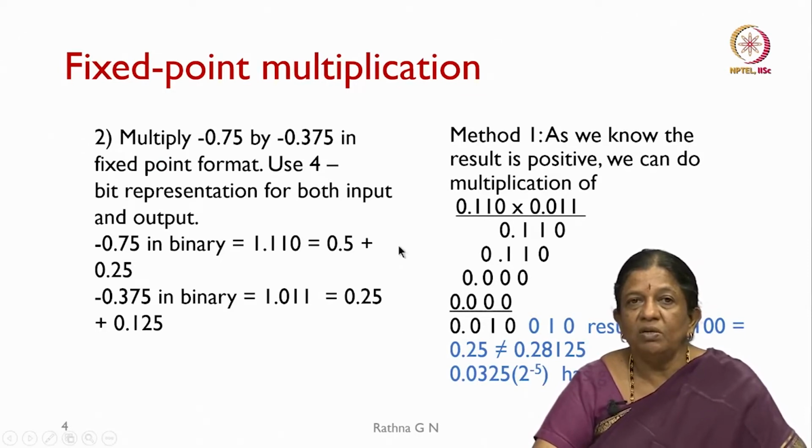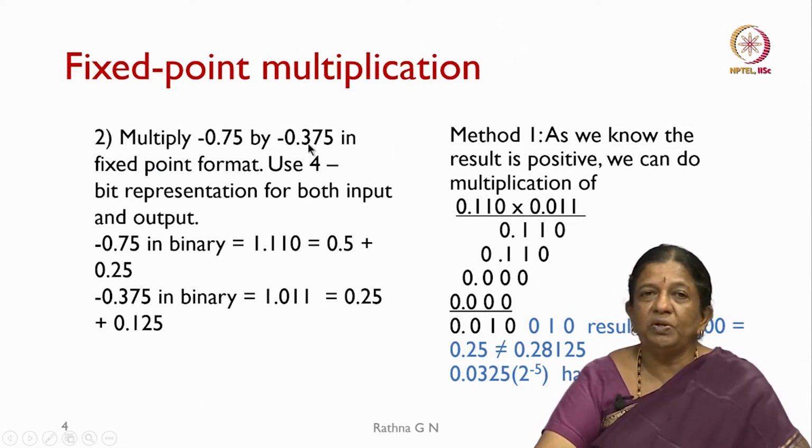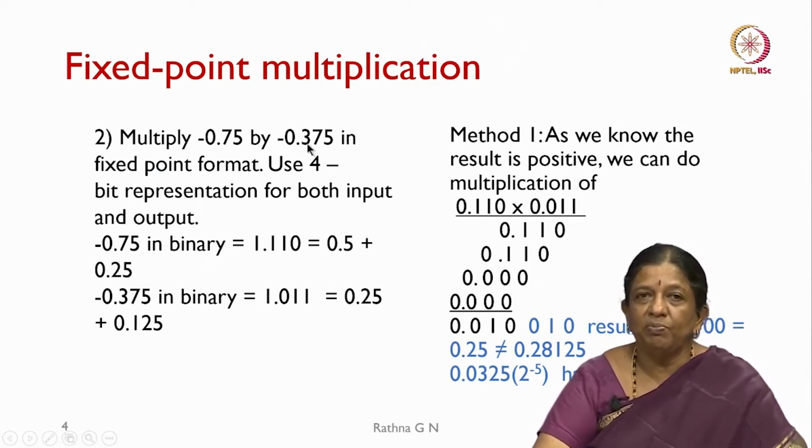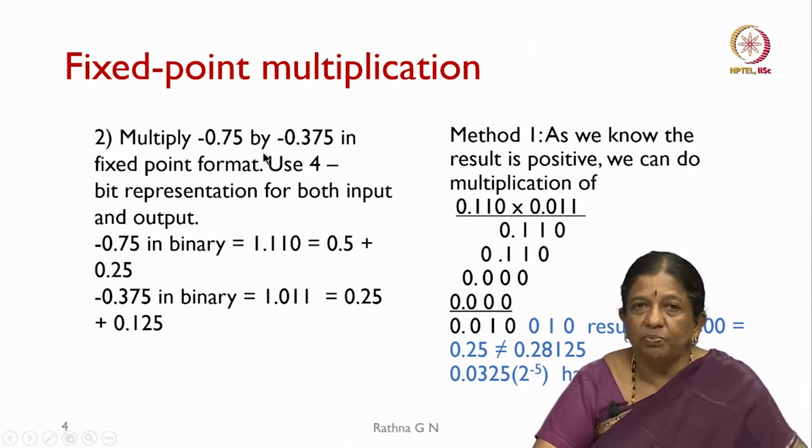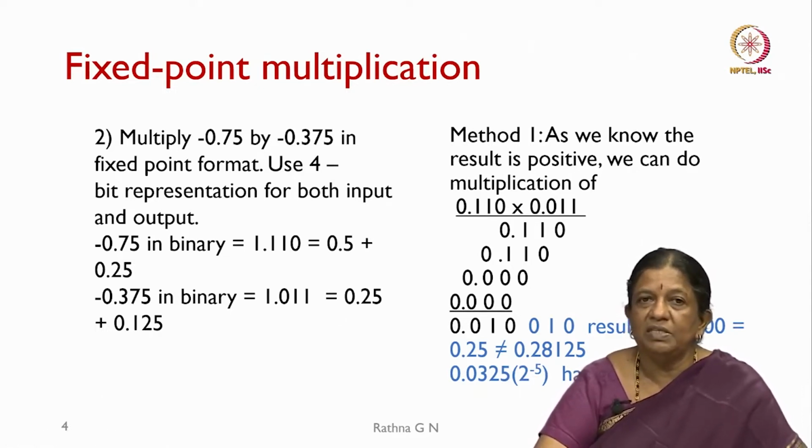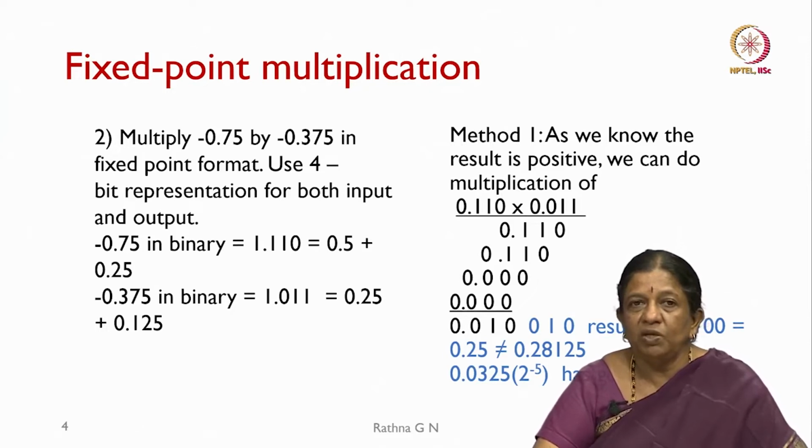The second one was fixed point multiplication. The numbers were given as minus 0.75 and minus 0.375. I told you not to use that the result is going to be positive, but still we will work out both the methods and see how the result is the same in both of them.